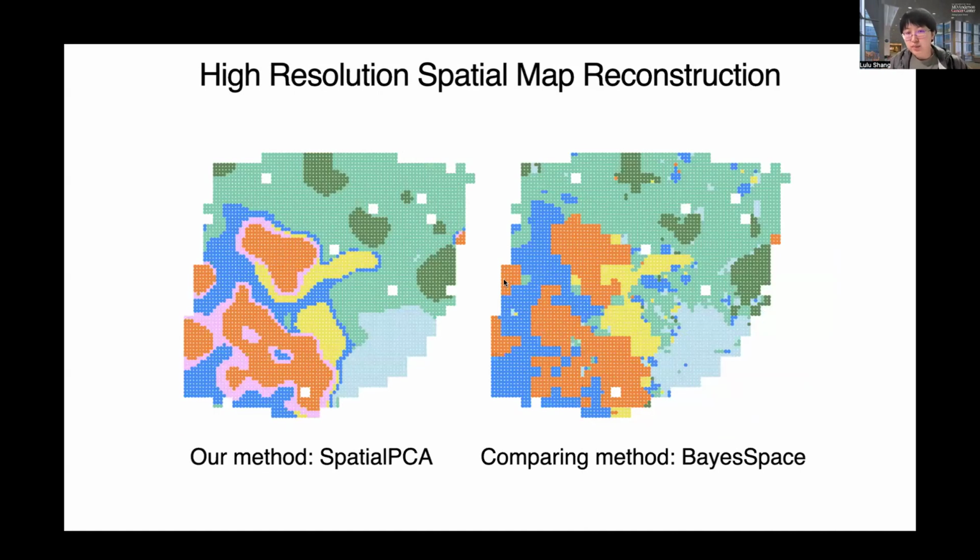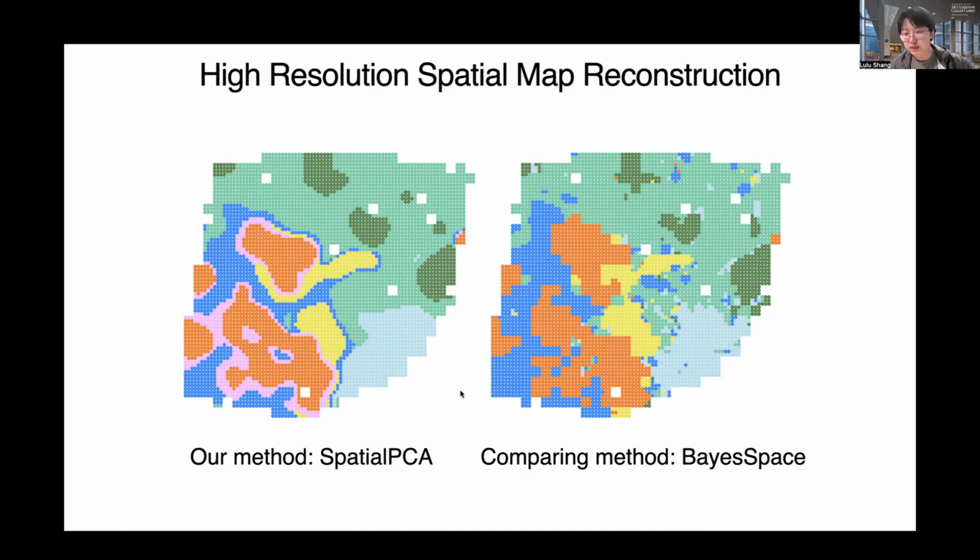As we have mentioned, we can also do the Harrison version imputation for the spatial map reconstruction, and we imputed the spatial PC values on the unmeasured locations. Again, we did spatial domain detection and compared with a competing method. As you can see, our result detects more smooth spatial regions that better match the pathologist's annotation.